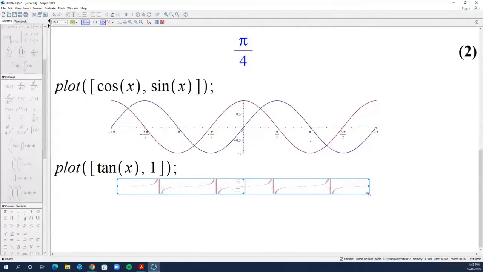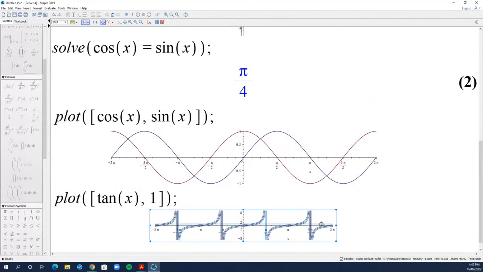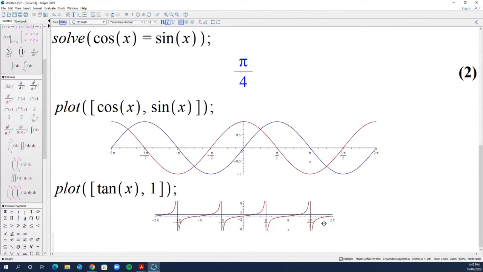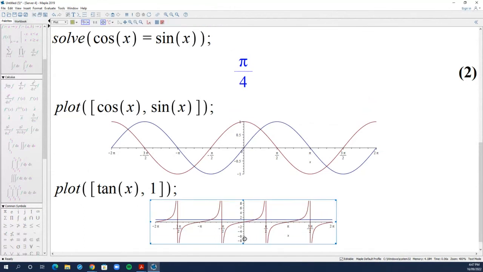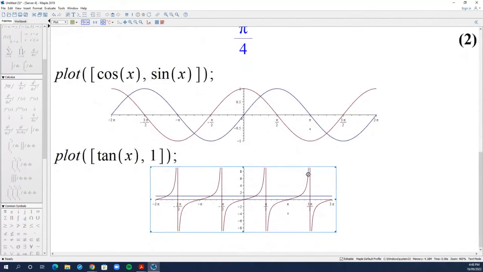Oh, I didn't want that. It's a little bit harder to see. I've sort of squished it, but I can get it back. Okay, that's better. So you can see the horizontal line is the constant y equals 1, and these curved red lines are the tan function, and the vertical red lines are just asymptotes, so don't worry about those.